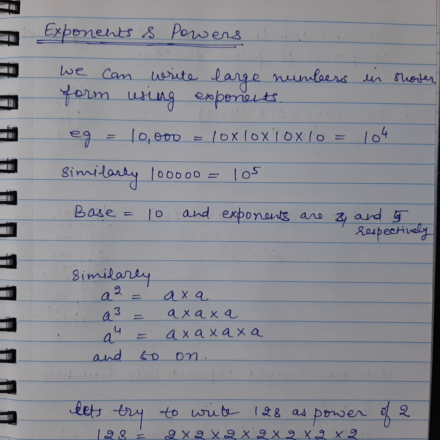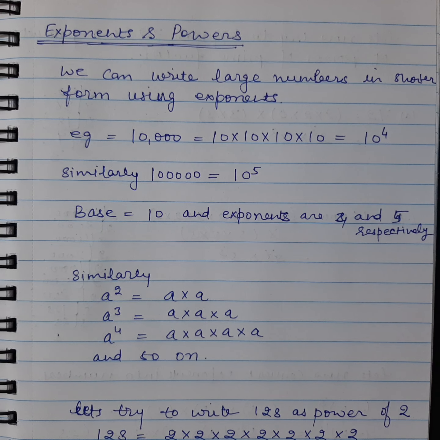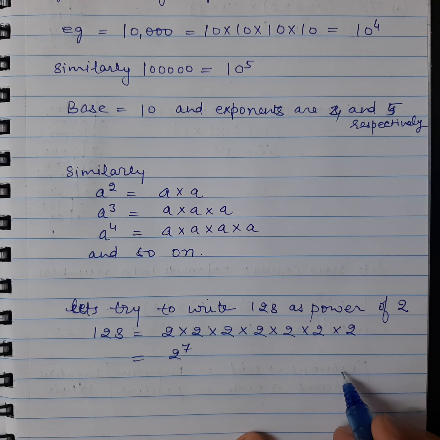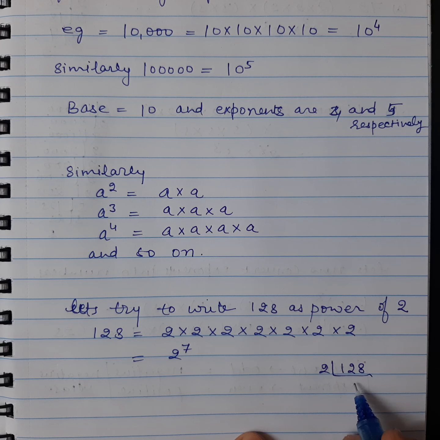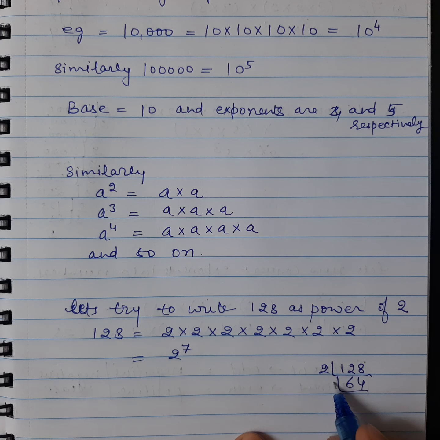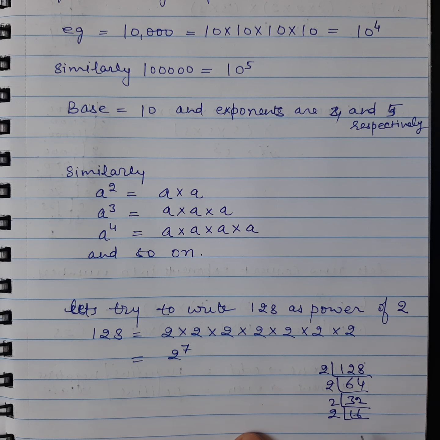Let's try to write 128 as a power of 2. Let's see how many 2's are there in 128. Let's take out the factors. 128 divided by 2 is 64, then 32, then 16, then 8, then 4, then 2.